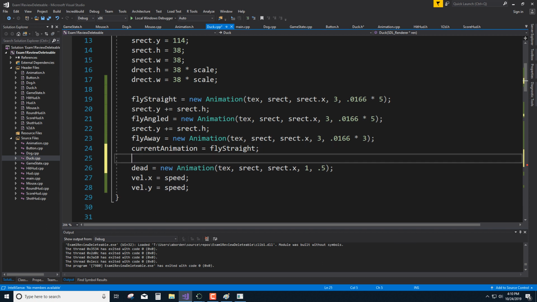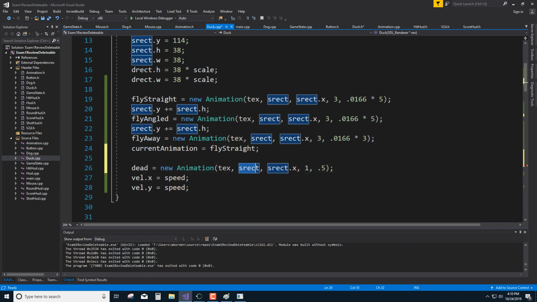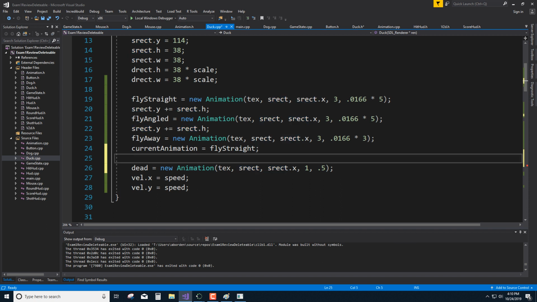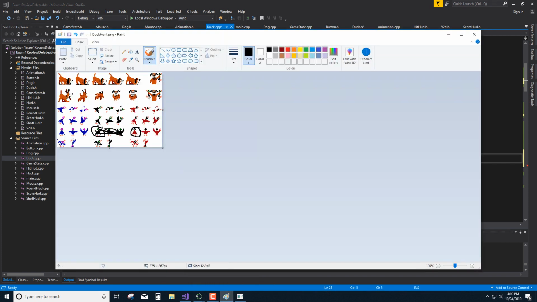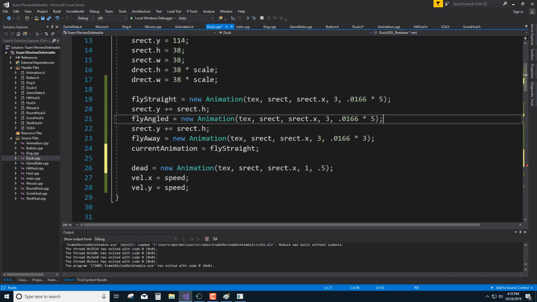And then we need to move the rectangle to the dead state, and then we need the one for the shot state. Where is that picture? Okay, so shot is going to be down 1. Dead is going to be over 1. So we should do shot first and then do the dead.